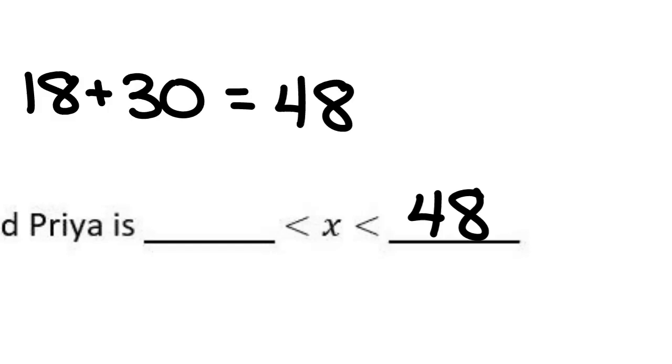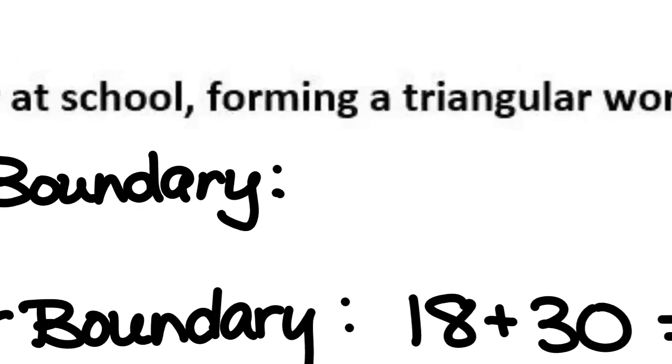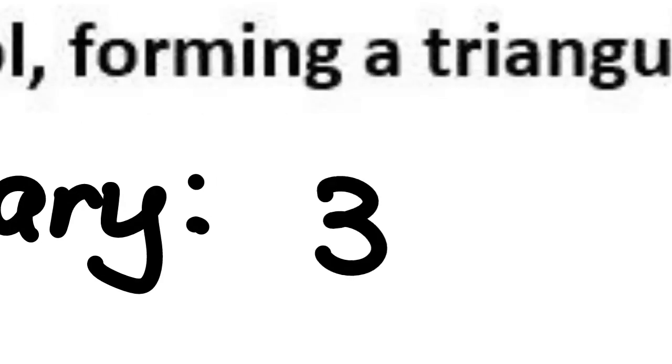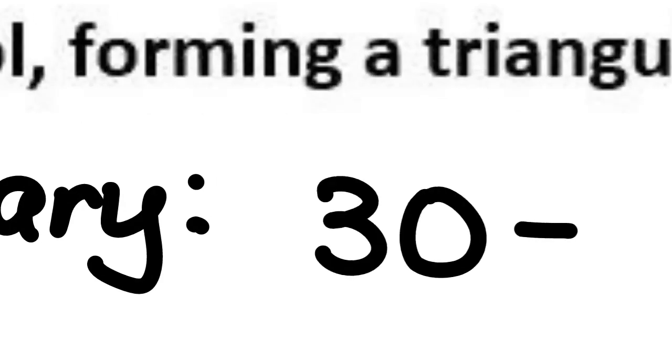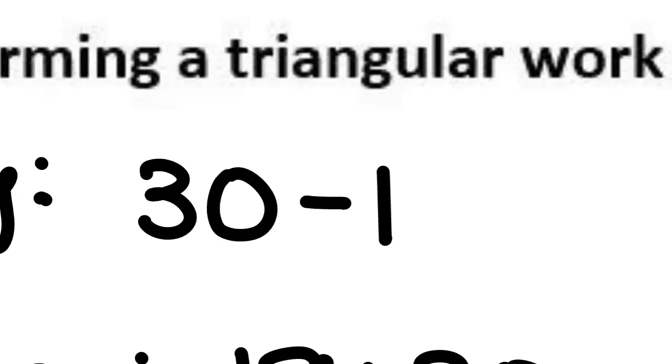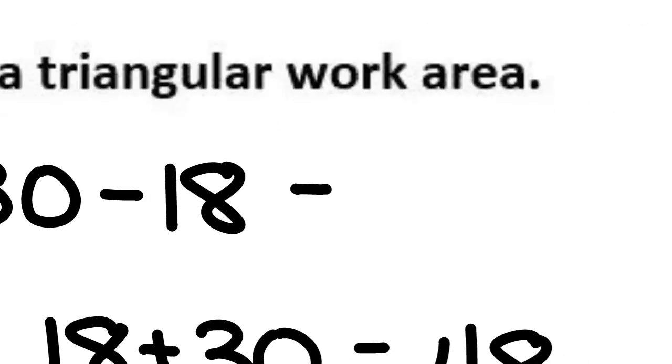To find my lower boundary, we're assuming that the bigger of those two sides is my biggest side. So I'm going to assume that 30 is my biggest side, and I'm going to subtract the smaller one. So 30 minus 18 to get my lower boundary. So I add for the upper and I subtract for the lower.